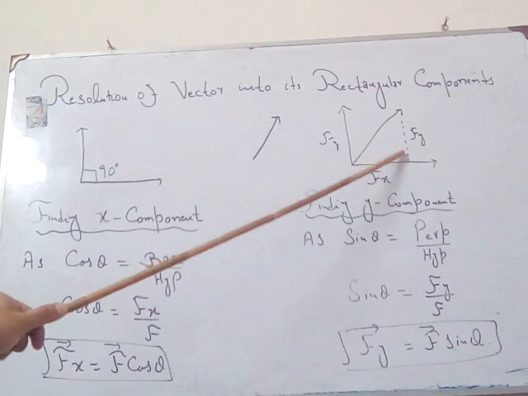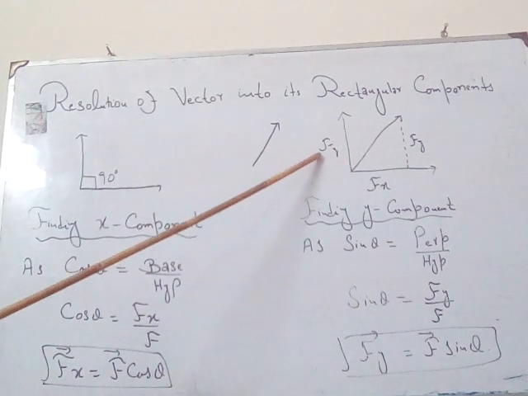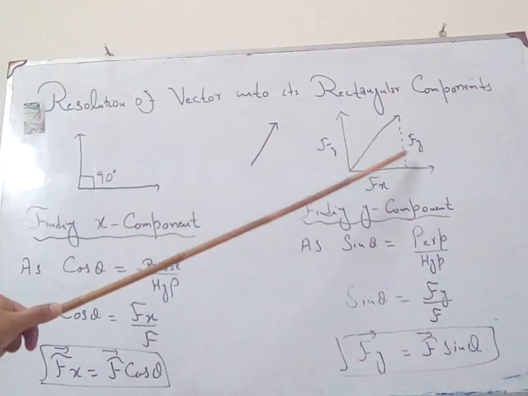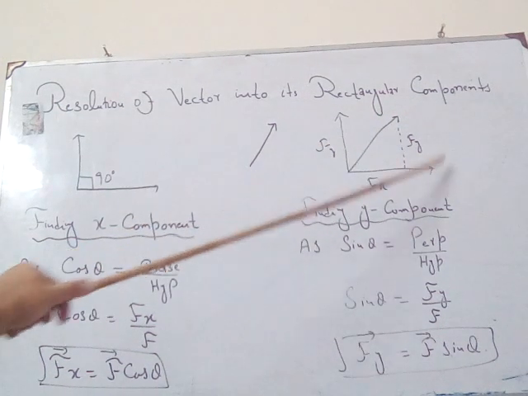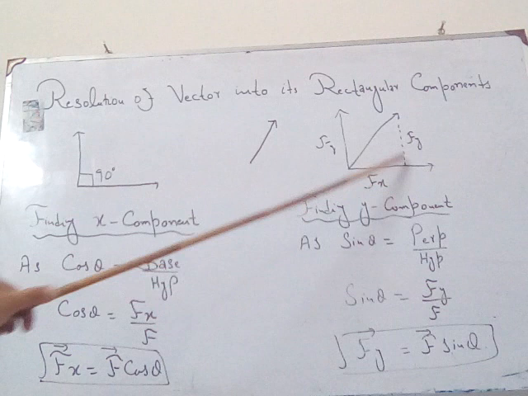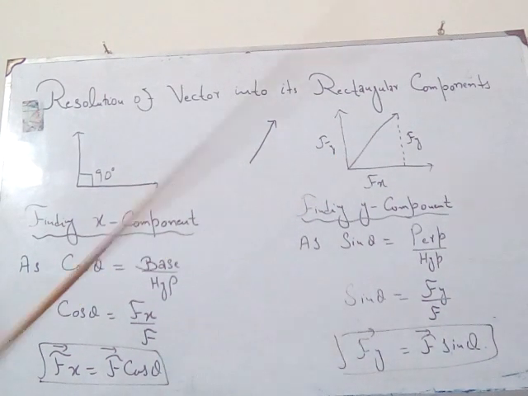This dotted line and this Fy are parallel lines, so they are equal, so we can draw this Fy here in order to make a triangle. From this triangle we will find the values of Fx and Fy in order to find the magnitude of this force vector F.